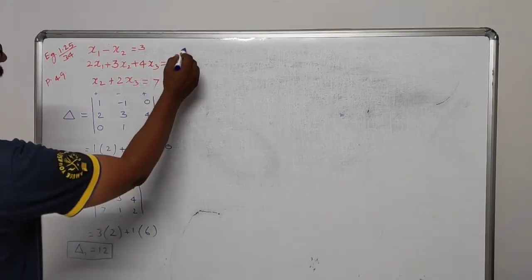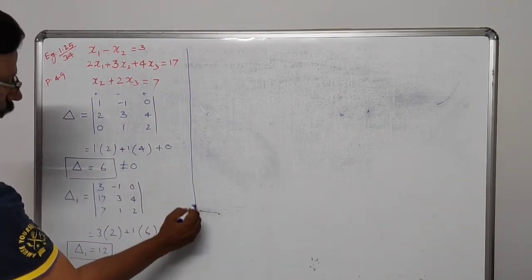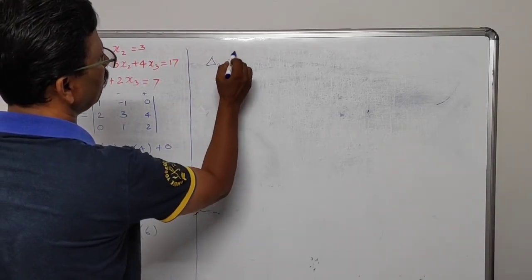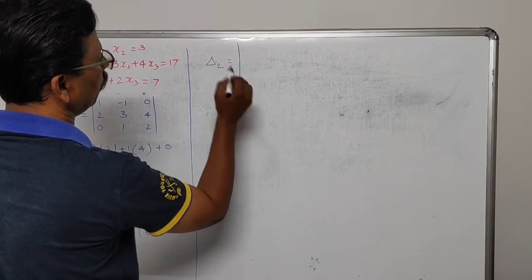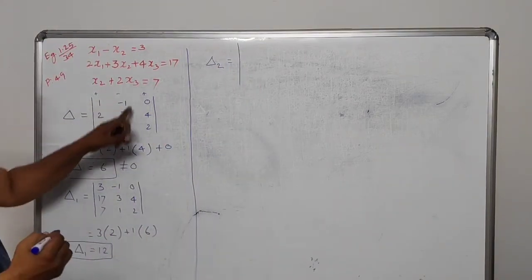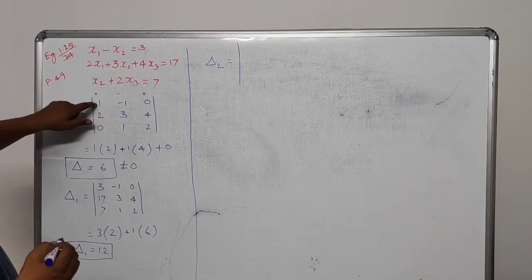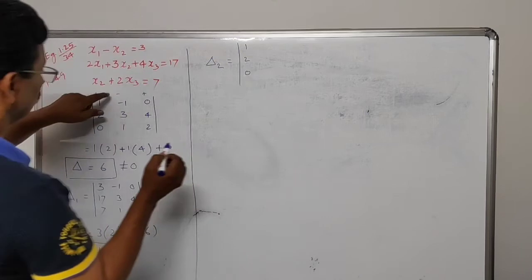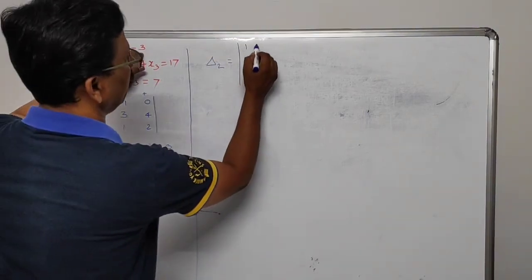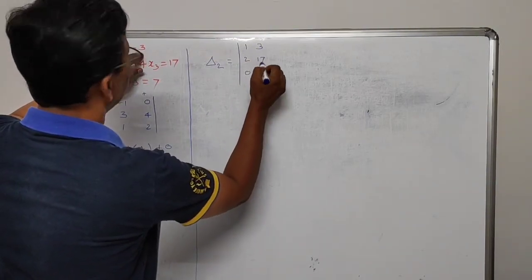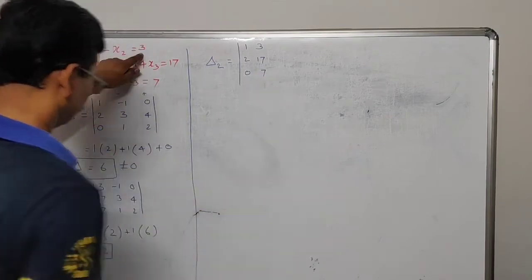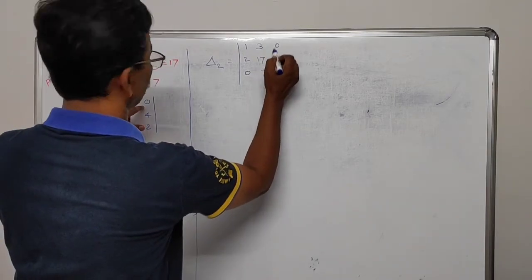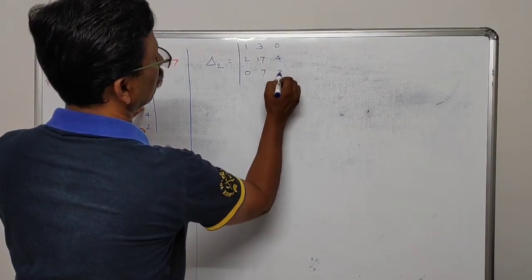Then after that we can find delta 2. This delta 2 is the determinant obtained by replacing the second column of delta by the constants. Therefore, write the first column as it is, 1 2 0. The second column must be replaced by 3, 17, 7. Then the third column is 0 4 2.